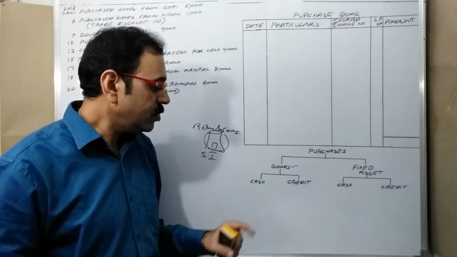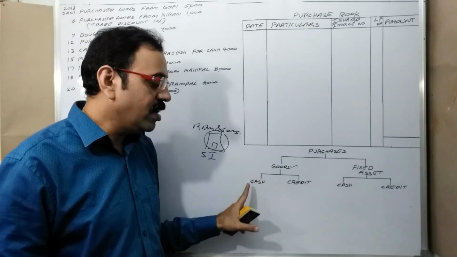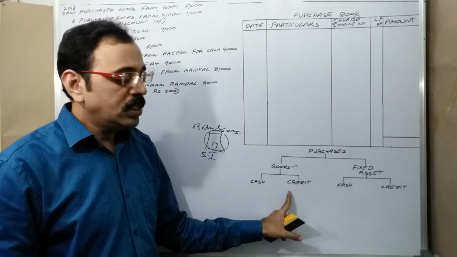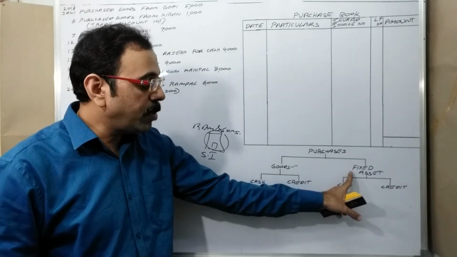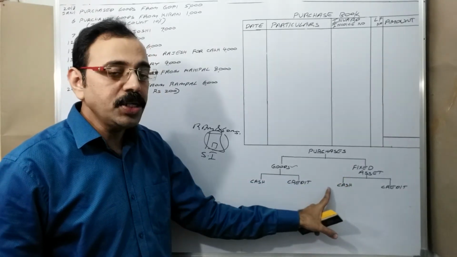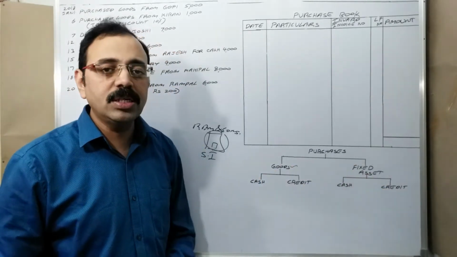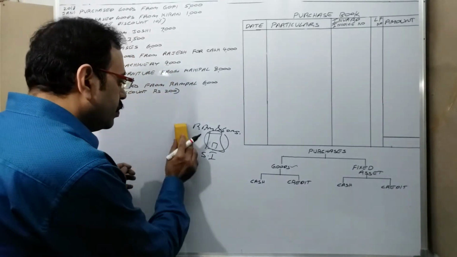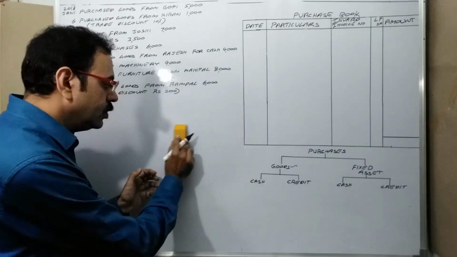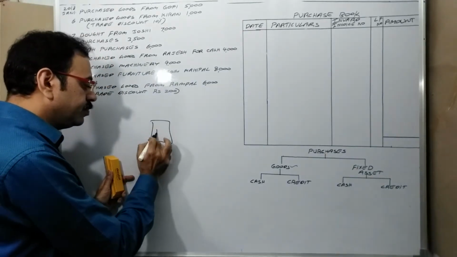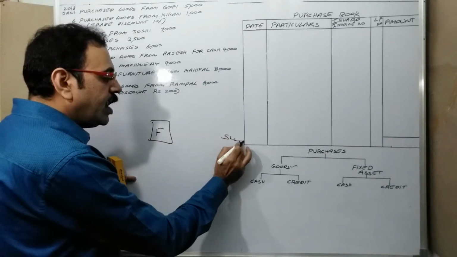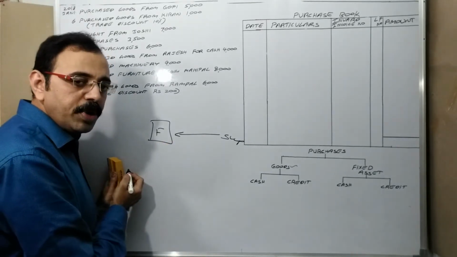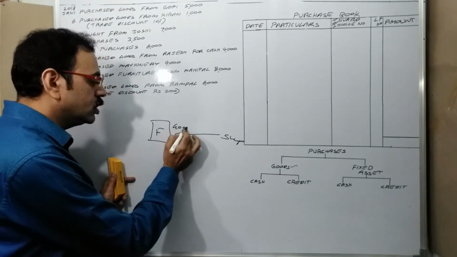Then next, goods may be purchased for cash or on credit basis. Similarly, a fixed asset may be purchased for cash or on credit basis. Cash purchases means what? This is our firm. From the supplier, when we are buying goods, what is coming to us? Goods.